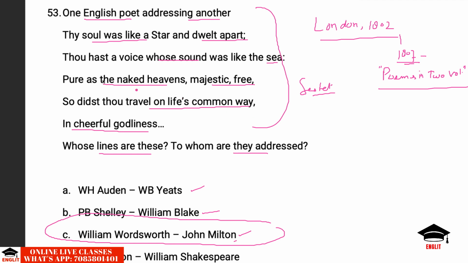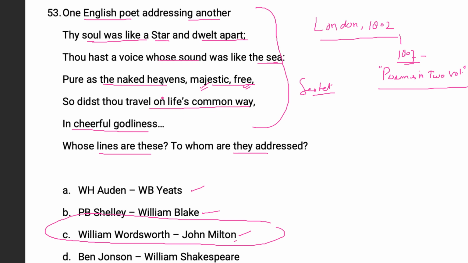So he addresses John Milton, saying his soul was like a star, the pole star. It had the gravity of the sea. It was pristine, it was pure as the heavens themselves, as paradise itself. It was sublime, it was free, it advocated freedom, it had a value to which he adhered throughout his life.